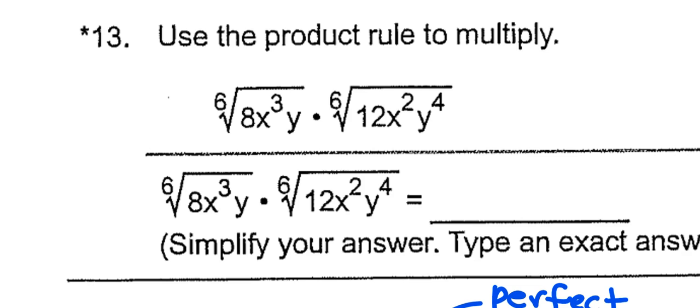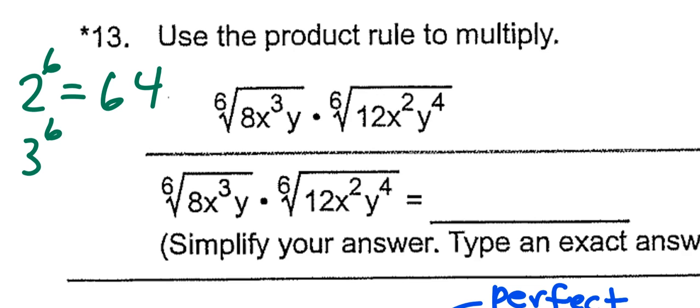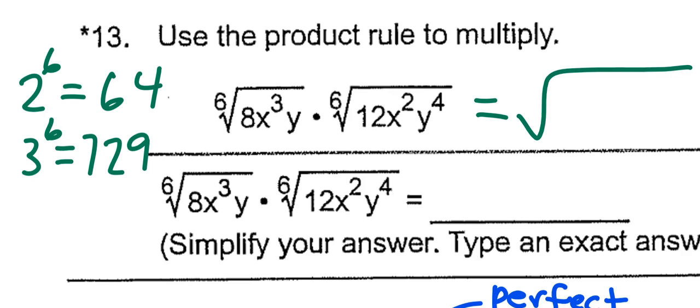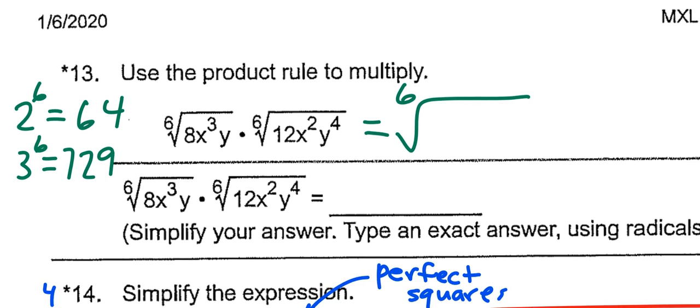Now we're dealing with perfect 6ths. 2 to the 6th, let's see, that would be 4 times 4 times 4. That'd be 64. 3 to the 6th, 729. 6ths grow quickly. So first step would be to put all that stuff together into one radical.